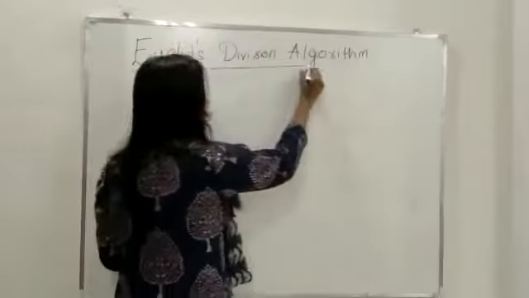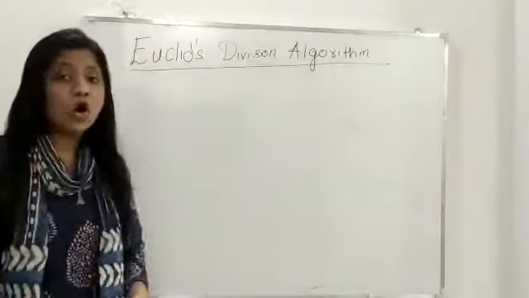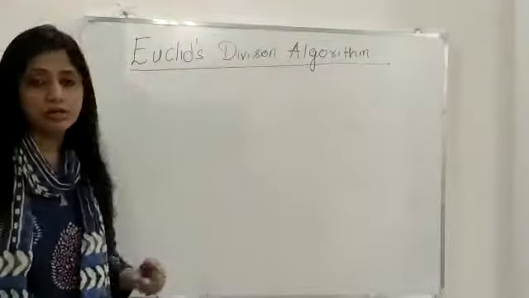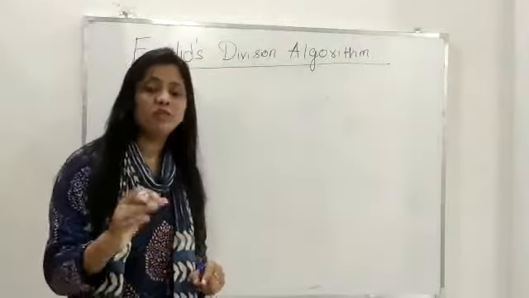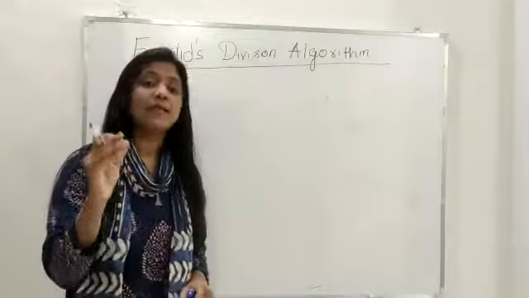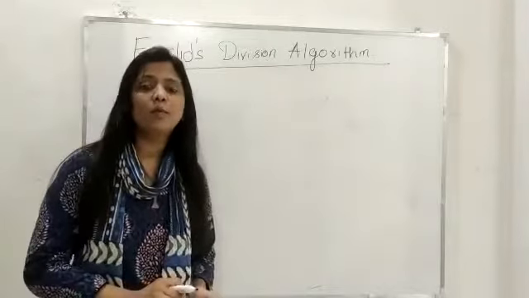First, let's study the algorithm of Euclid's division. Algorithm means the step-by-step process which you will use to find the HCF of any two numbers.